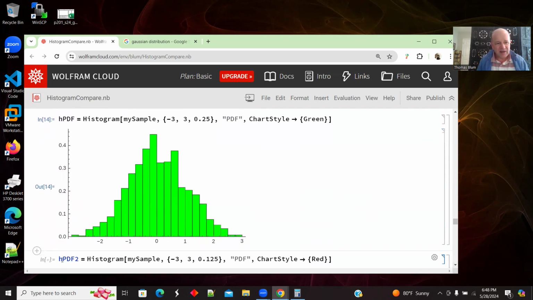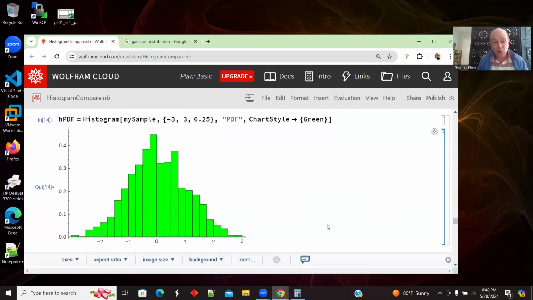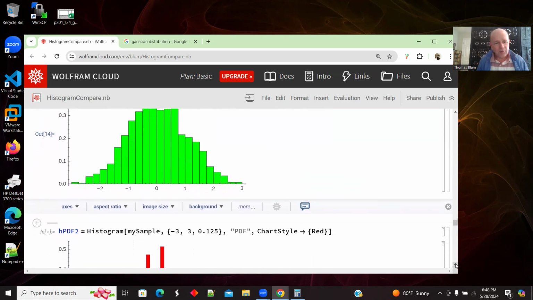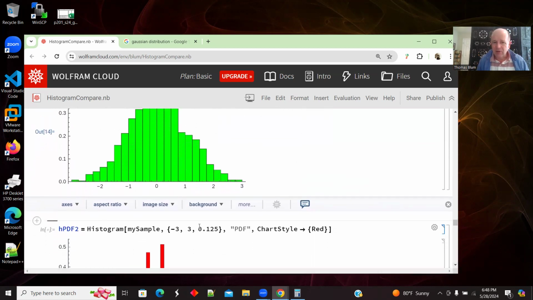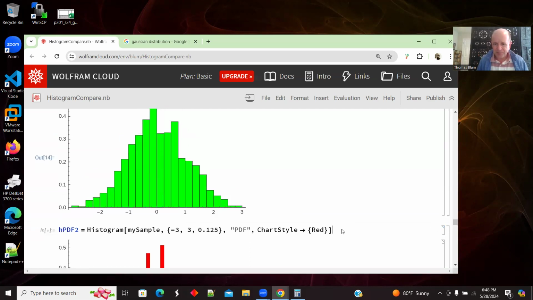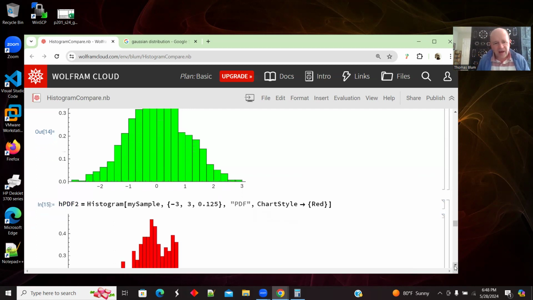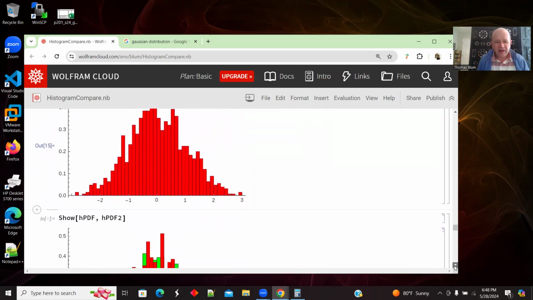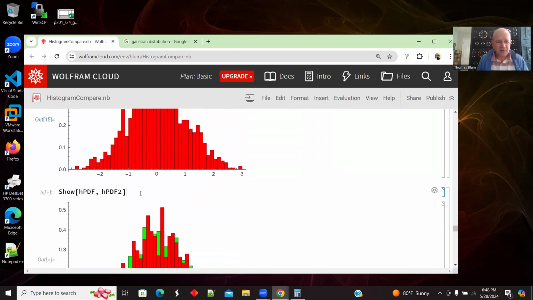So now I'm going to make the same thing, hpdf2, down below. Same sample, same minimum, same maximum, but I'm going to decrease the bin. The bin was a quarter, now it's an eighth. And I changed the color, just for comparison's sake. And then I'm going to put that green and that red together.